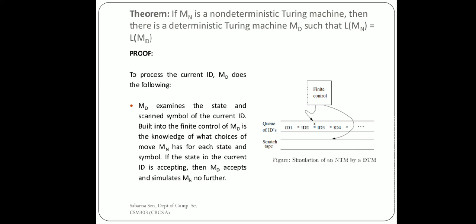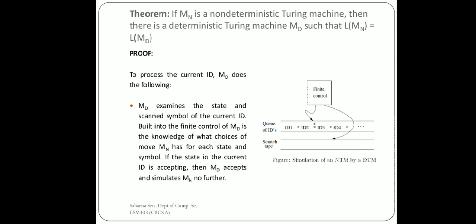Since it is mimicking non-determinism, ID 3 may consist of whatever the next state is, say delta of q comma X equals p comma Y comma L or R, whatever it is.